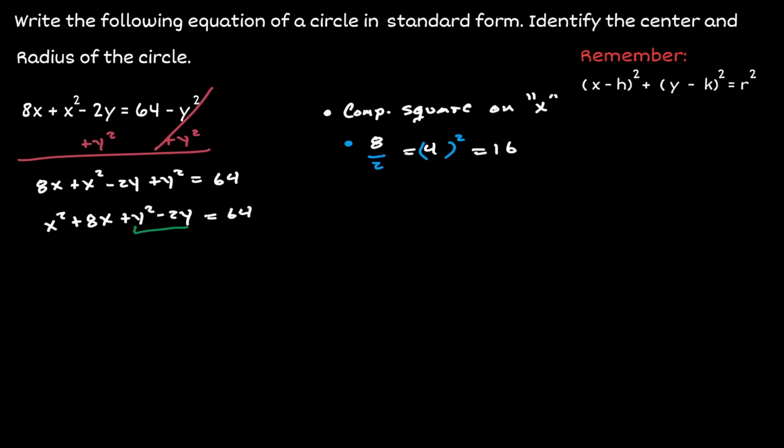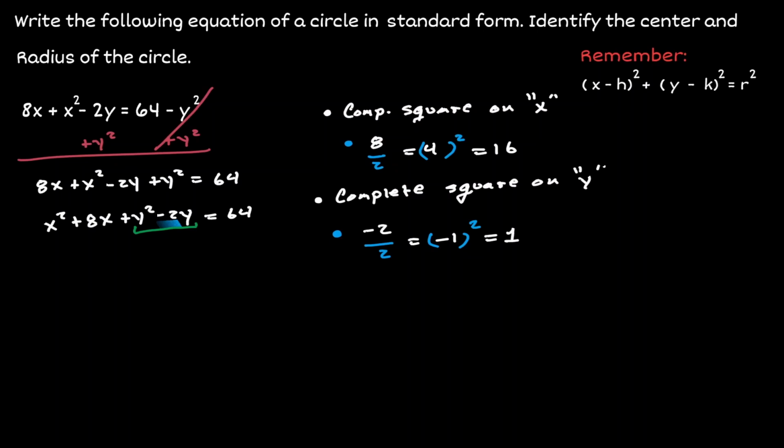Now, let's complete the square on the variable of y. Let's get the number that is in front of y, which is -2. And let's do two operations to it. Let's divide by 2. And the result, let's square it. Now let's use the results that we have gathered.